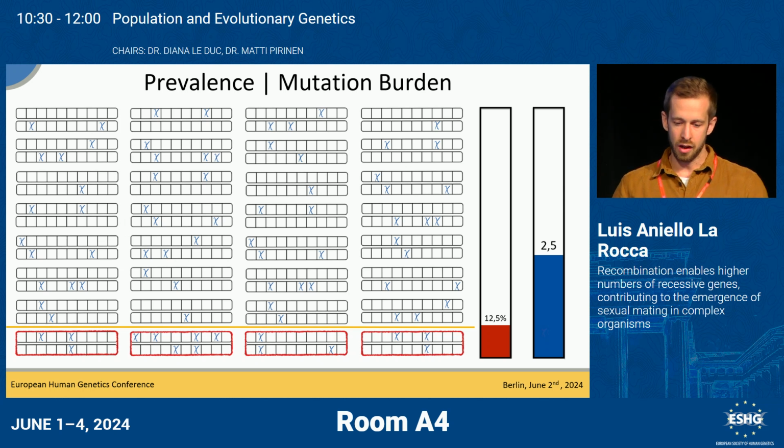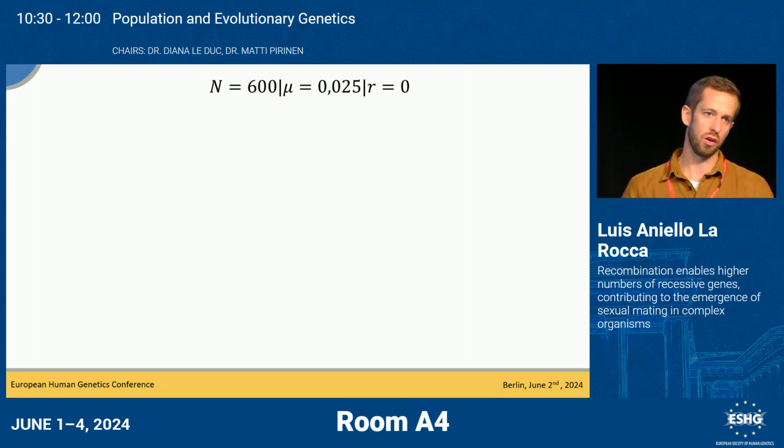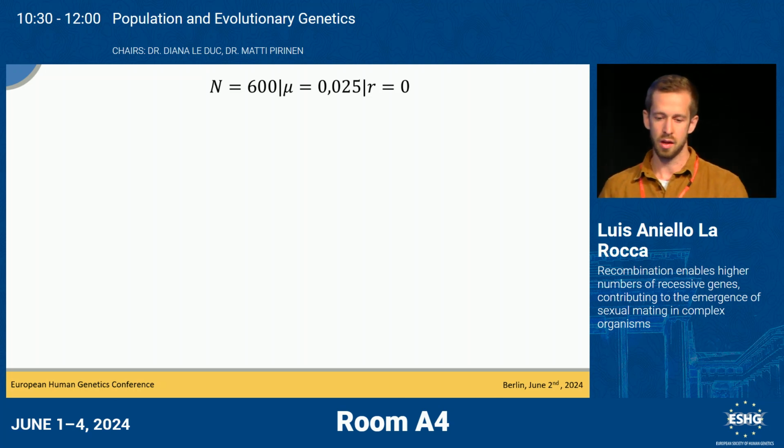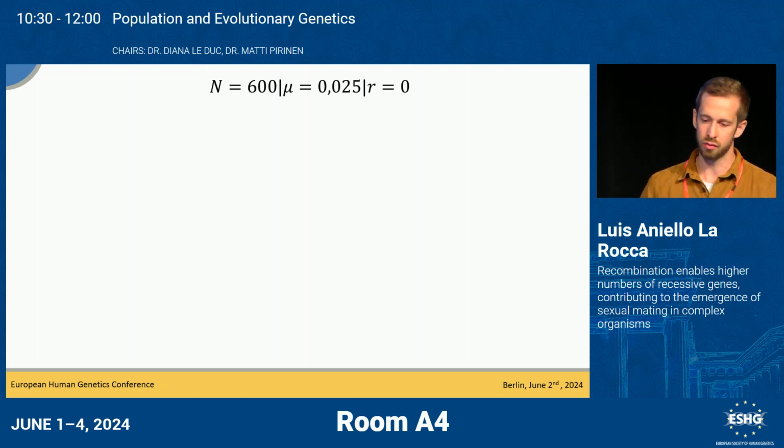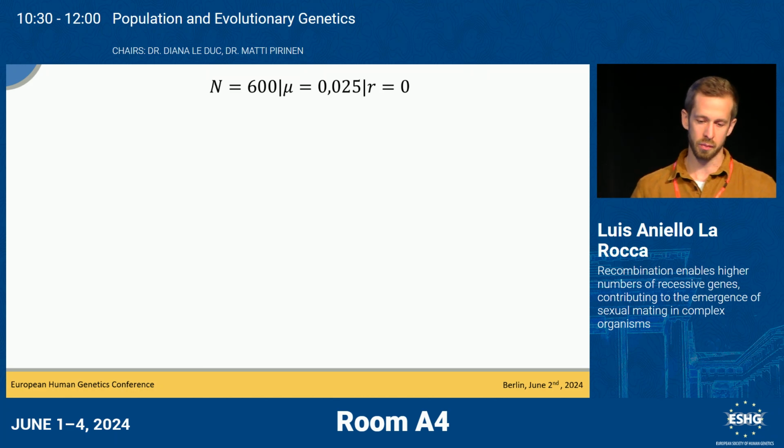Okay, enough theory, let's have some fun and look at some simulation results. For example, here with a recessive gene count of 600 genes, a genome-wide mutation rate of 0.025, and initially without recombination, keep that in mind.